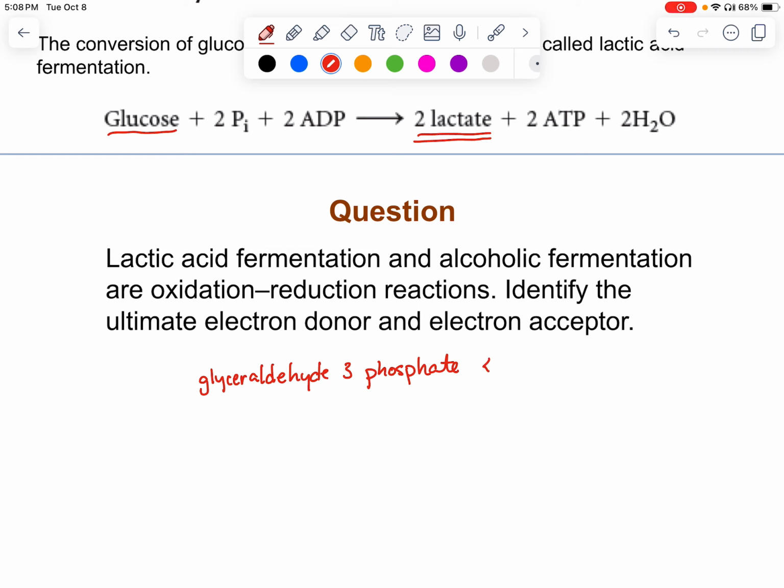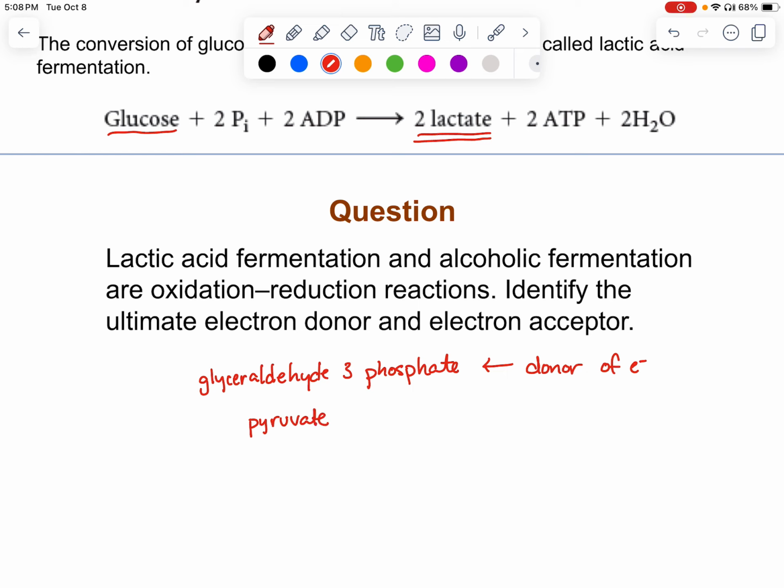So this is like the original donor of electrons. And then they get carried through various reactions. The ultimate acceptor of electrons, in that lactic acid reaction, is the pyruvate.